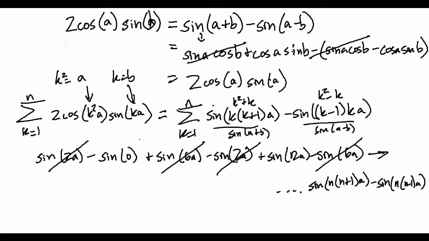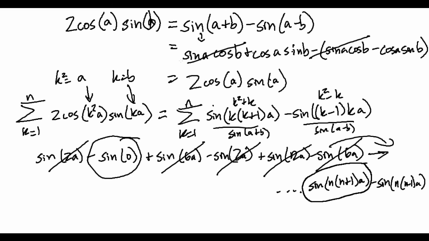Now all the terms cancel out except sine 0, and the last term. A term only cancels out if it's met with its negative, so sine 2A cancels out with negative sine 2A, which comes after it. But since the series stops here, nothing comes after this, so there's nothing to cancel out this sine((n plus 1)nA). The sine((n minus 1)nA) term cancels with one that comes before it.